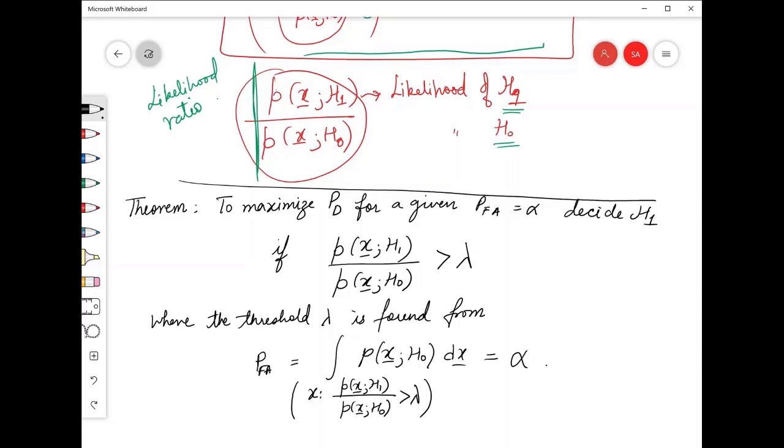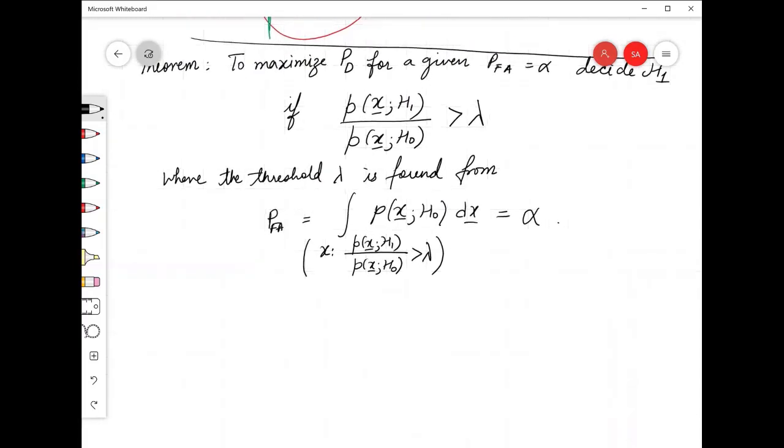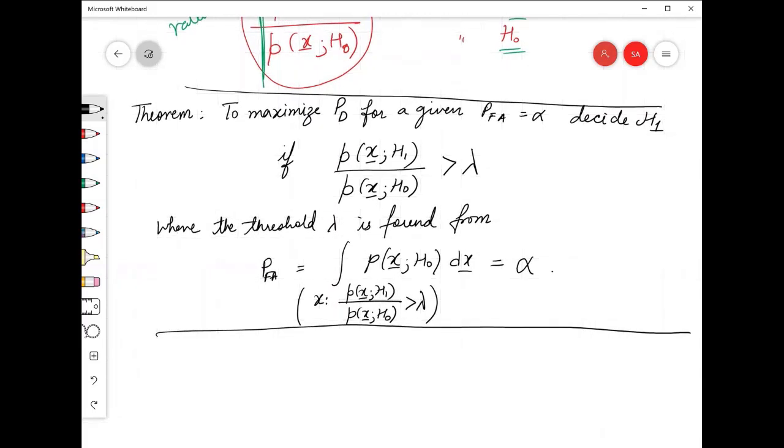Okay, so this is the complete Neyman-Pearson theorem statement.